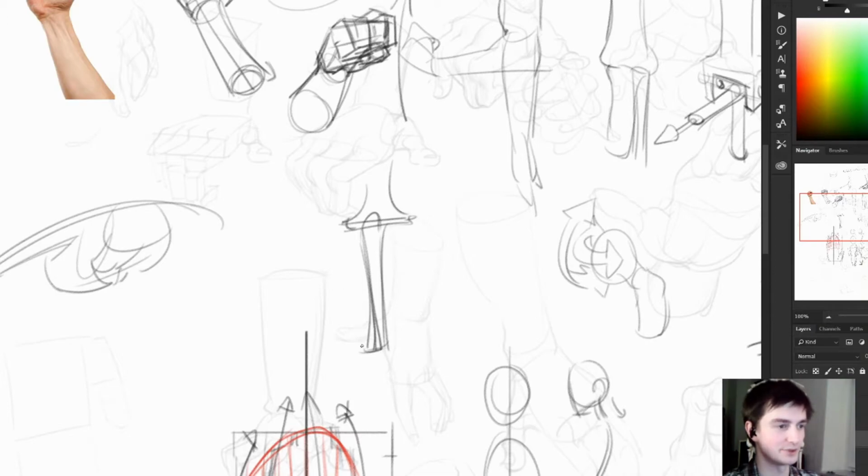So yeah, you have your radius, your ulna. Getting confused right now, and your radius, which is thinner and then gets thicker, and then your hand. Let's not draw every single hand bone because I would just be here all evening. Getting very much confused right now.